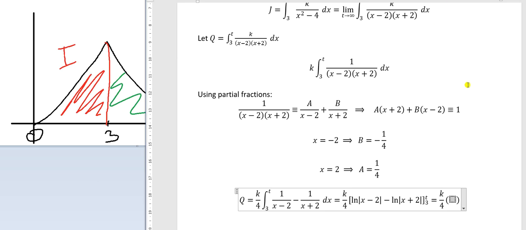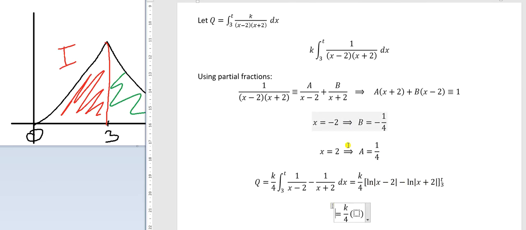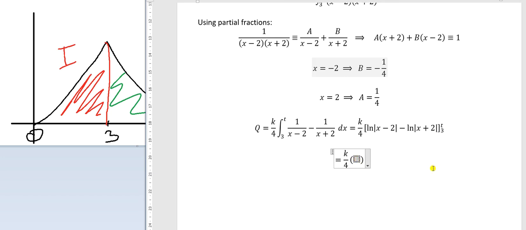Now, to make our life a bit simpler here, you might want to combine these logs initially, but it's kind of up to you. You're better off writing something that's clear and makes sense to you than trying to do too much all at once. So we'll have ln of t minus 2 minus ln of t plus 2.